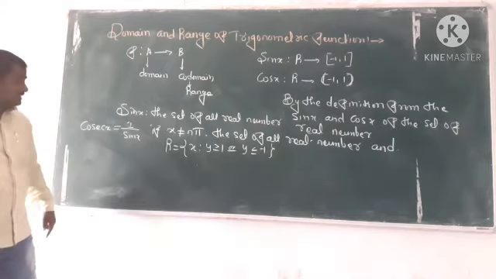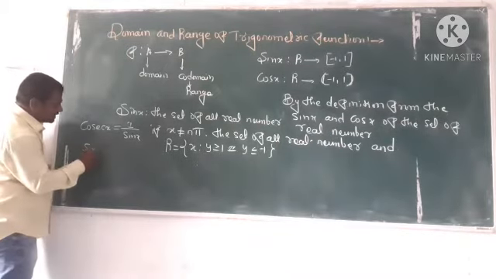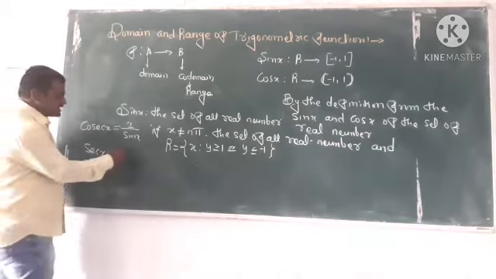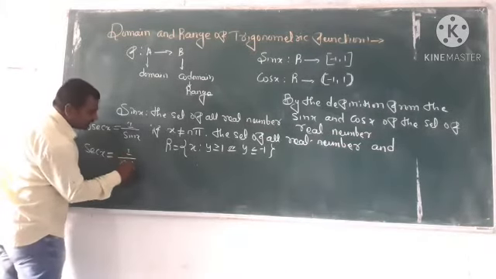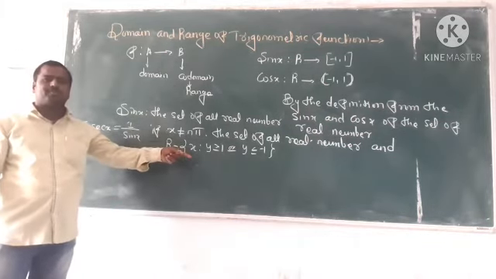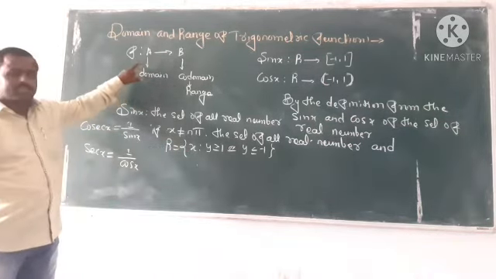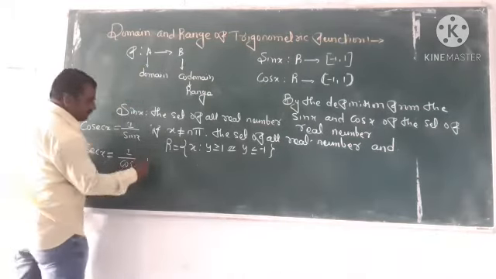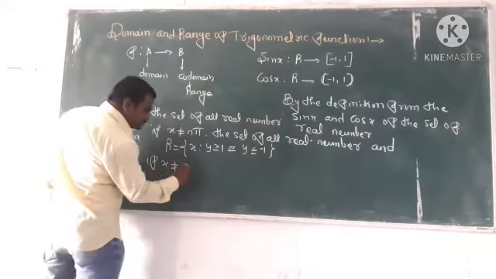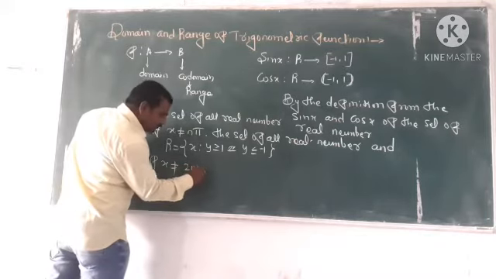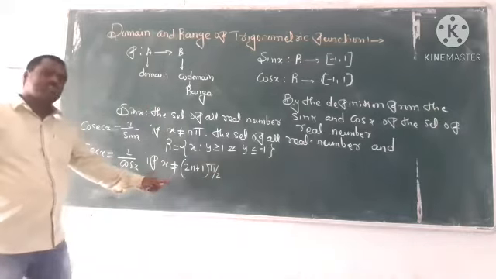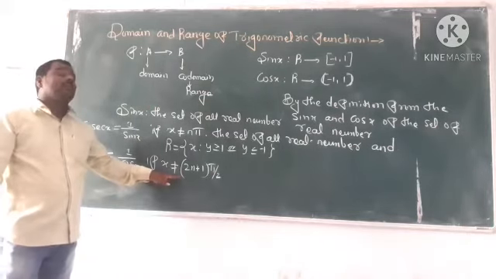Same thing, another one we can express is sec x, that is 1 by cos x. One by one, step by step, clearly I can draw the function. If x is not equal to (2n plus 1) pi by 2, because in this condition cos x is 0, it does not exist.